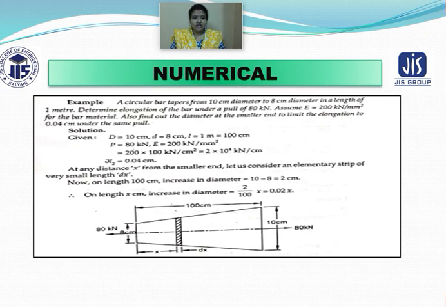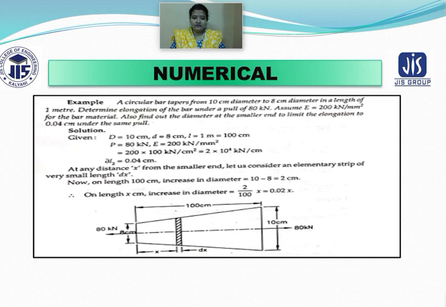Now it has been asked to determine the elongation of the bar under a pull of 80 kilonewton. So the load you are applying is 80 kilonewton, and you have to assume the modulus of elasticity E is equal to 200 kilonewton per millimeter square.